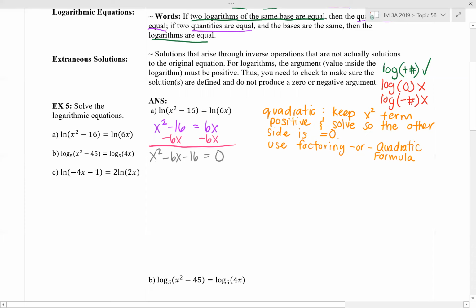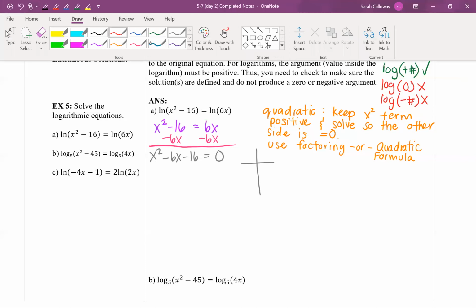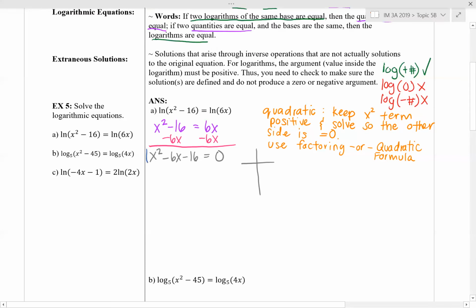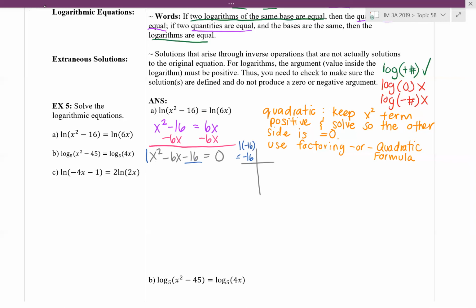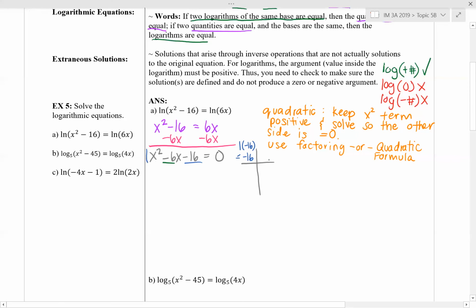When I'm factoring, I want to use a product sum table. To get my product, I'm taking the first coefficient and the last coefficient, a and c, and multiplying those together. So 1 times negative 16 is negative 16. I want to factor negative 16 so that the two numbers add to negative 6.